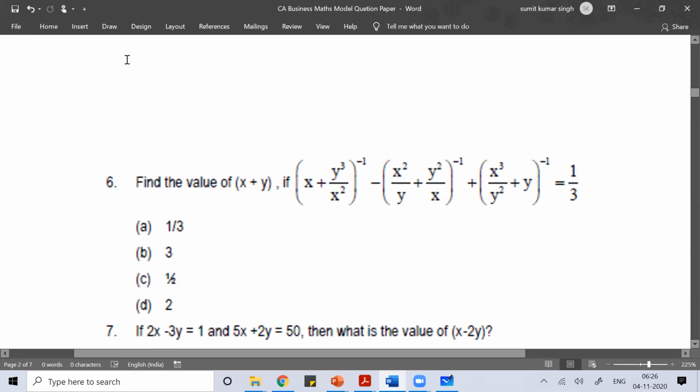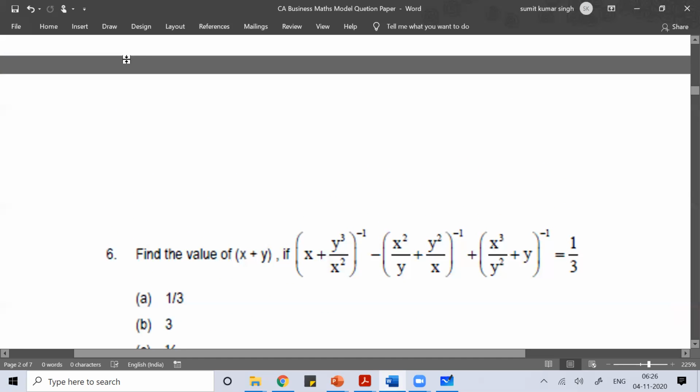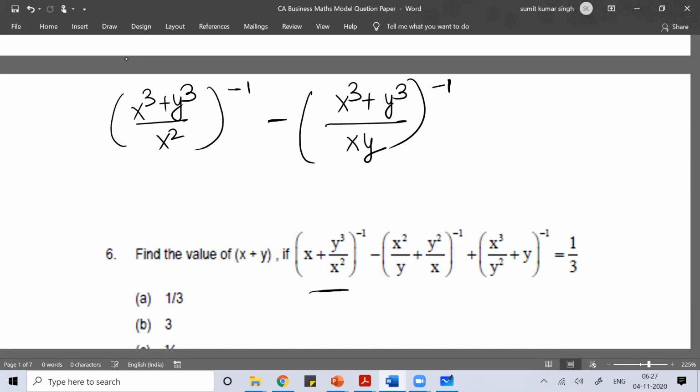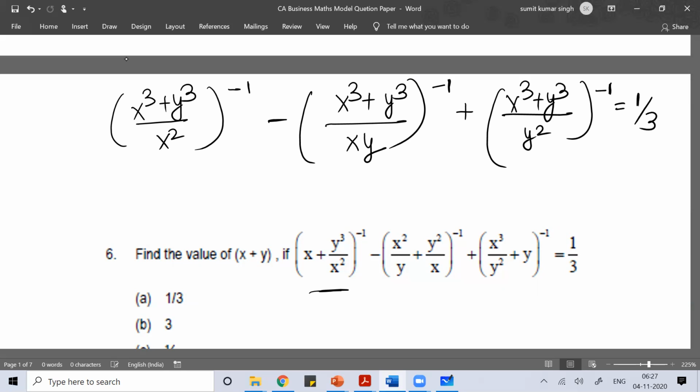Now you can see question number 6. I can write this. If I solve this, I will get x cube plus y cube divided by x square to the power minus 1, minus, if you take the LCM, xy, so you'll get x cube plus y cube divided by y square to the power minus 1, is equal to 1 by 3.